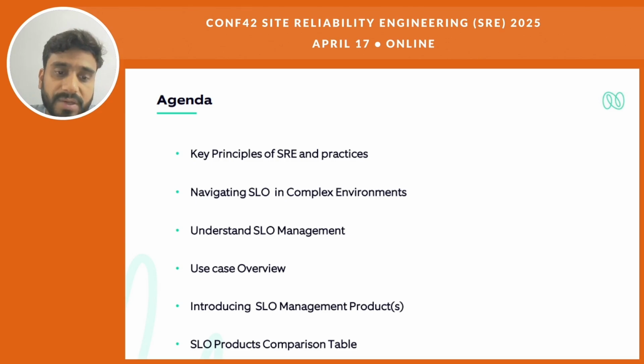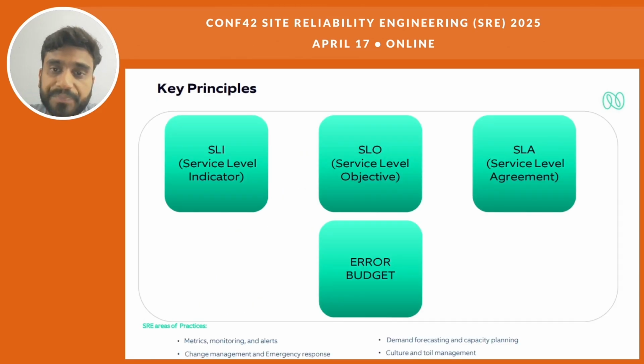Then we have one use case where we see how we can define the SLOs, and how we can measure the reliability of the system. Then we look at the SLO management products available in the market, and we see some comparisons between those products.